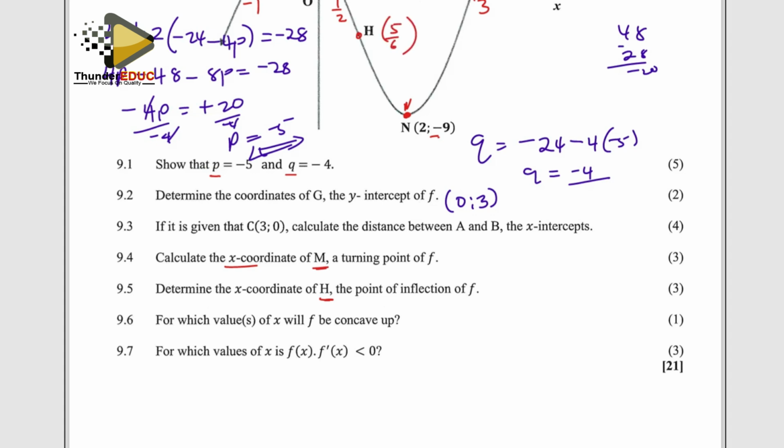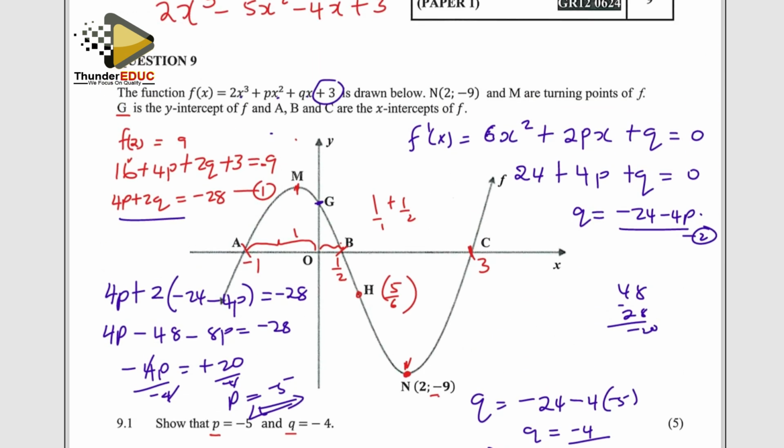Okay. Then for which values of x will f be concave up? So for it to be concave up, the graph must be greater than 5/6. And then for which values of x is f prime of x less than 0?